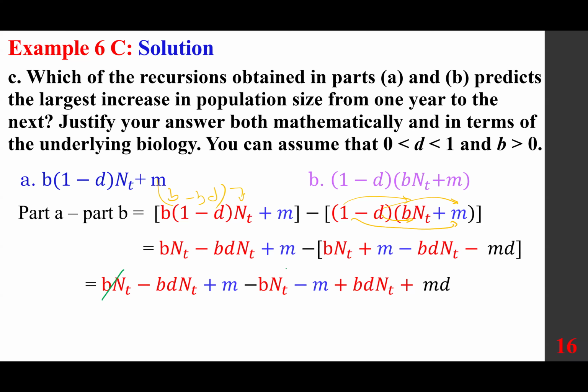This one cancels out this one. This one cancels out this one. This one cancels out this one. MD, and you know M is positive, the number of fish that we added, so is D. So because part A minus part B is positive, part A must be larger.